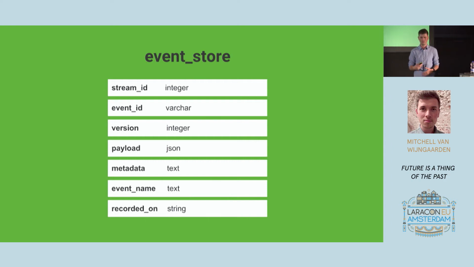Then we also have the event ID because I want to have all these individual events identified, or to be able to identify them. And then we have the version. The version is kind of weird because you would think that you would have multiple versions of an event, like version 1 of board game stock was replenished, and version 2 of that was a specific one. But actually the version is just the order in the event stream.